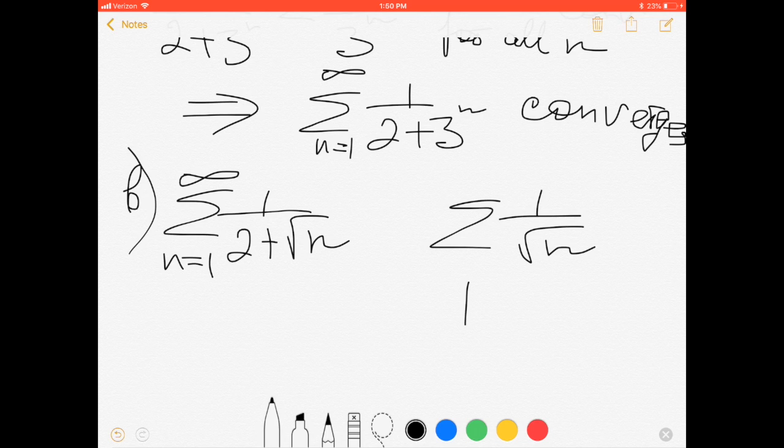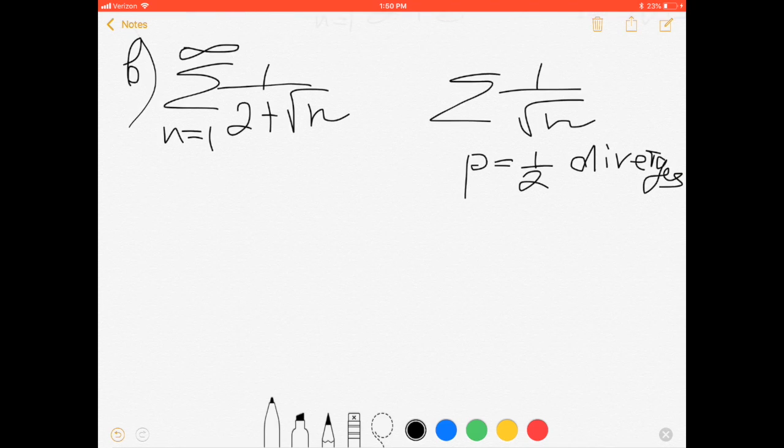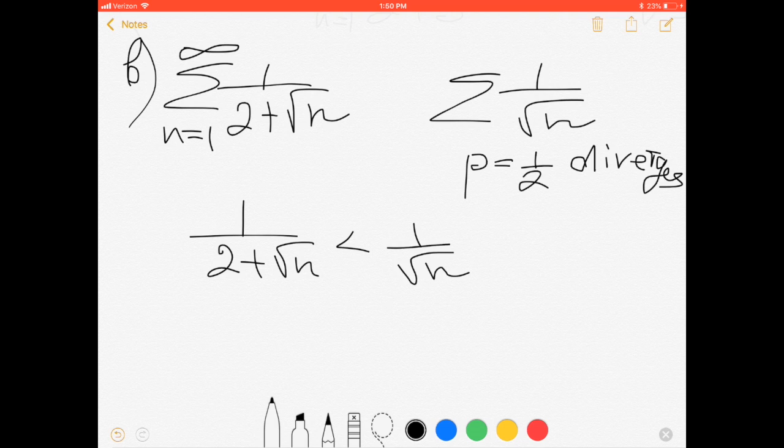This is a p-series with p equal 1/2, so it diverges. We know 1 over 2 plus square root of n is less than 1 over square root of n. But the greater series diverges, and that doesn't give us any information about the lower series.